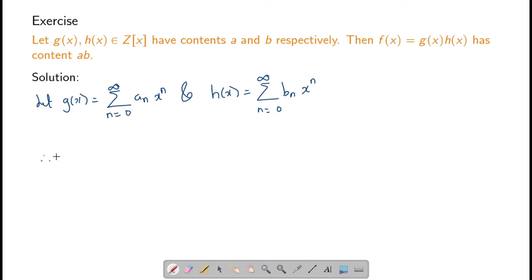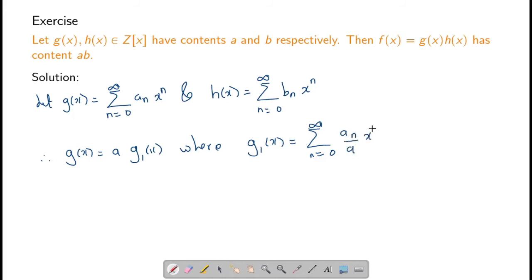Therefore, I can write g of x as a times g1 of x, where g1 of x is the polynomial obtained by dividing every coefficient by a. Notice that this is again a polynomial in Zx which has content 1.